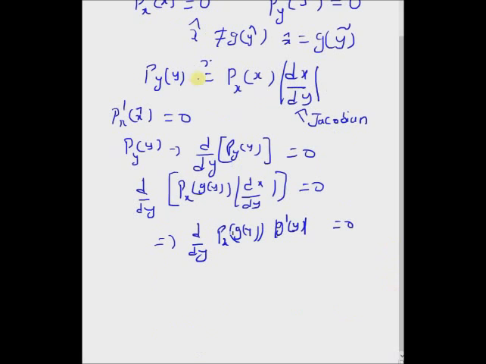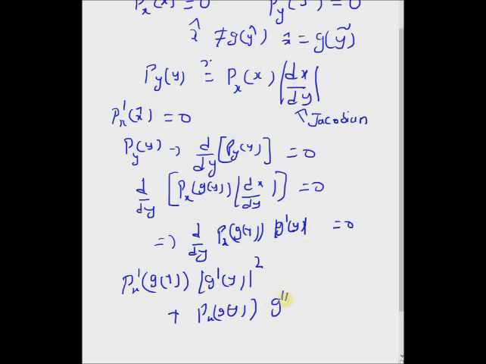equals 0. Now, by using the derivative of a product, we can simply write that px dash of g of y multiplied by g dash of y into g dash of y, that means g dash of y squared, plus px of g of y multiplied by g double dash of y equals 0.